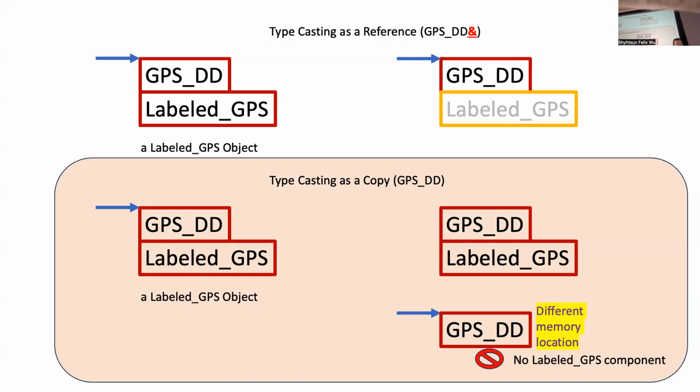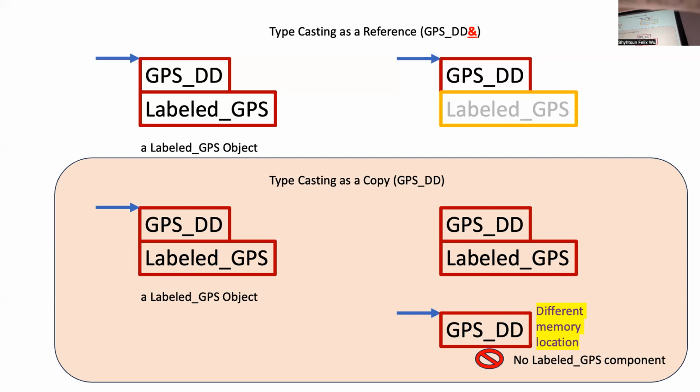But when you create this copy, you only create part of the initial labeled GPS object, because when you do the copy, you get only the GPSDD portion of the object. Therefore, this is a different memory location, and you lost the labeled GPS component.